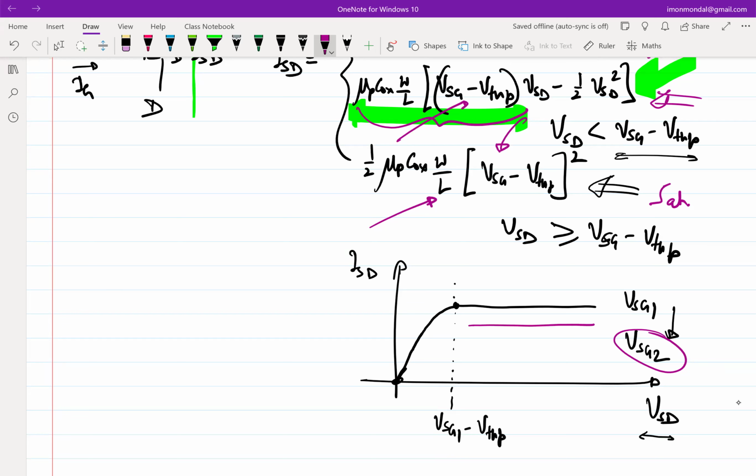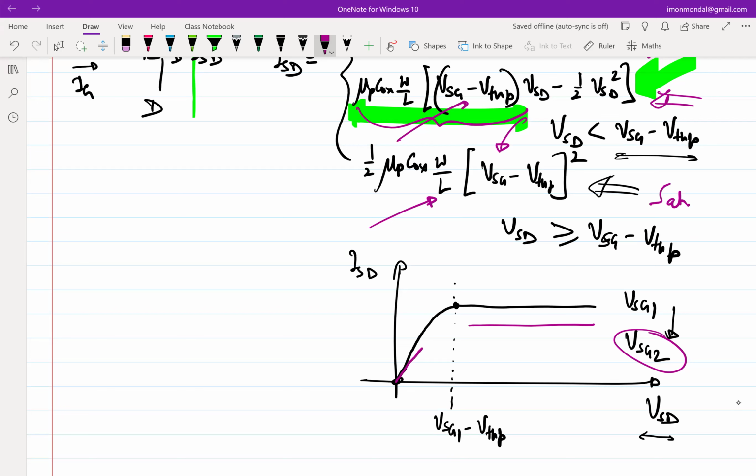If I now switch our focus to the top equation, in the linear region, at very small values of VSD, when the first term is the dominant one, you still see that the current has reduced with respect to the previous one. So this should start off with a shallower slope, and these two curves will meet somewhere.